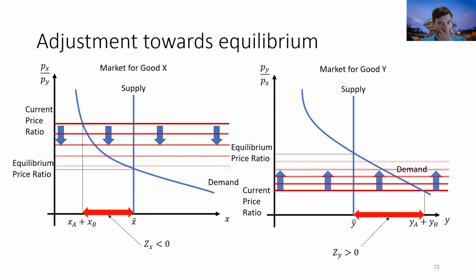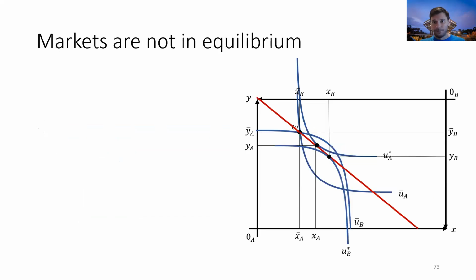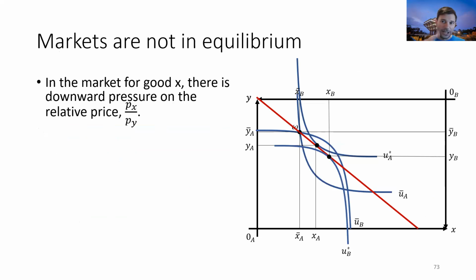Okay. And looking at this picture, right, we said PX over PY has got to go down, right? That'll bring PY over PX up in the right-hand picture. If we want PX over PY to go down, how is that going to change the slope of the red line in this picture?